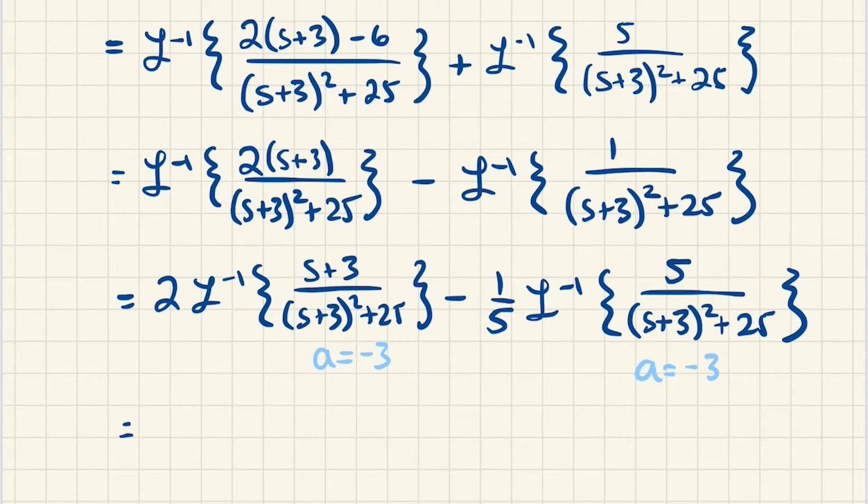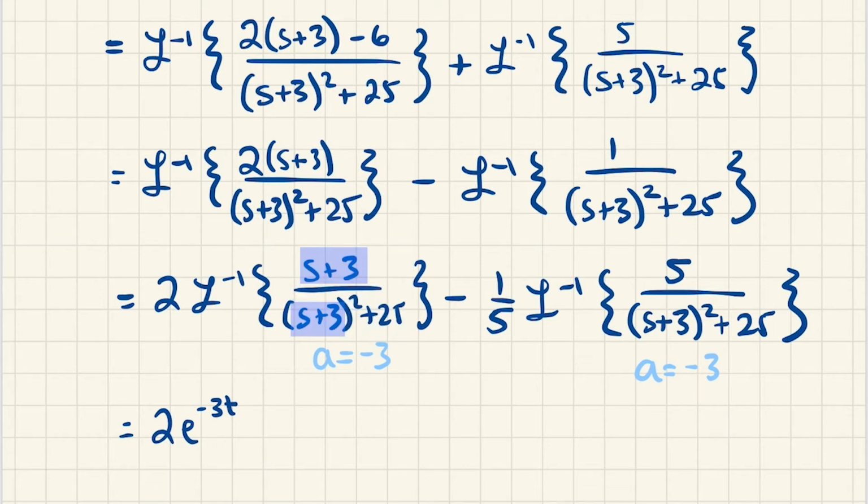So we're really going to get 2 times e to the -3t. And now by including this e to the -3t factor, we've kind of solved the problem of this being shifted by 3 units over, so we can just take the regular old inverse Laplace transform of this, treating this and this as simply s.